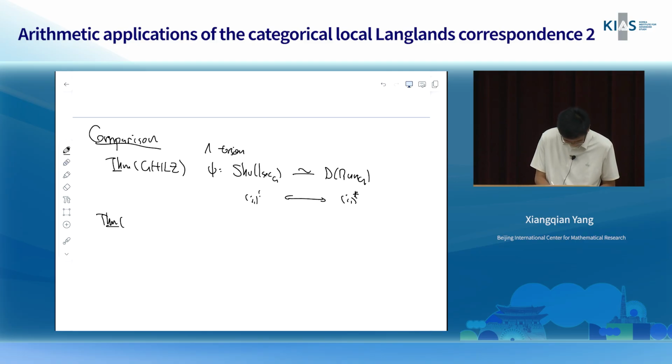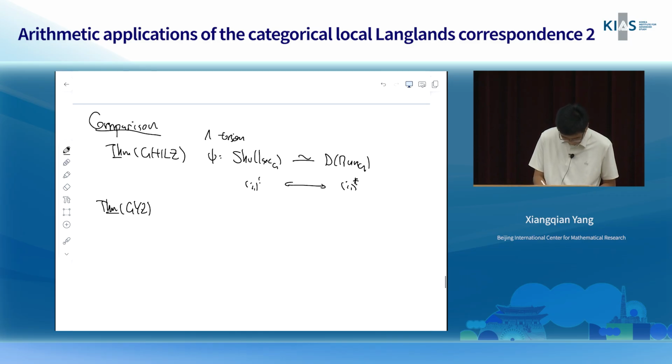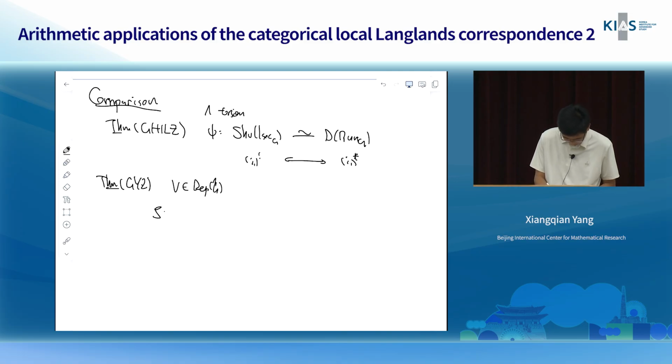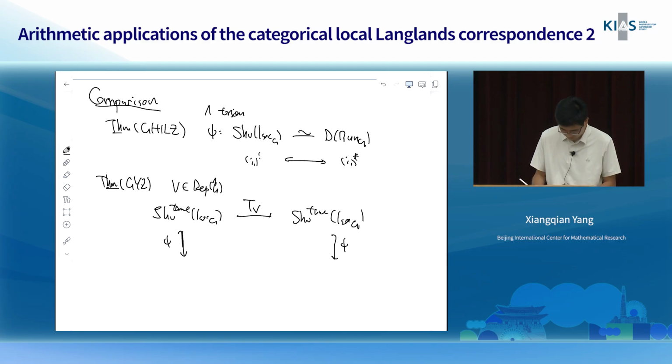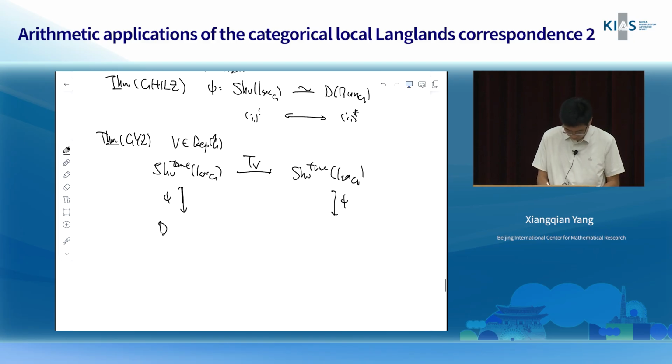So, a theorem: if we start with a V in Rep G hat, then the following diagram commutes. We can take the tame part of the category, and we take the Hecke operator here. Then we have a fully faithful embedding using the composition of psi into D bound G. We also have a Hecke operator here, and this will be a commutative diagram.